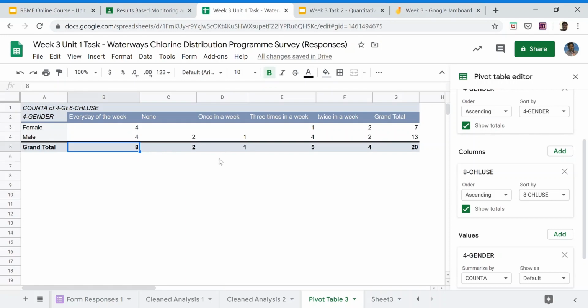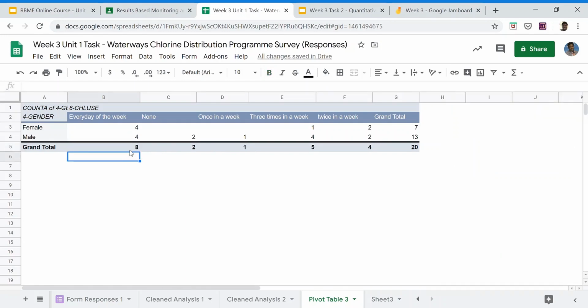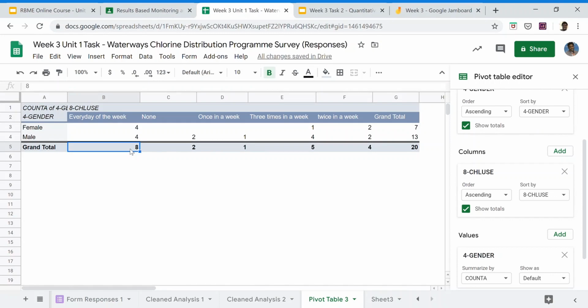That's what this tells you. If this had been household instead of individuals, then you can also say that 8 households out of 20, 8 out of 20 respondents are able to use chlorine every day of the week.